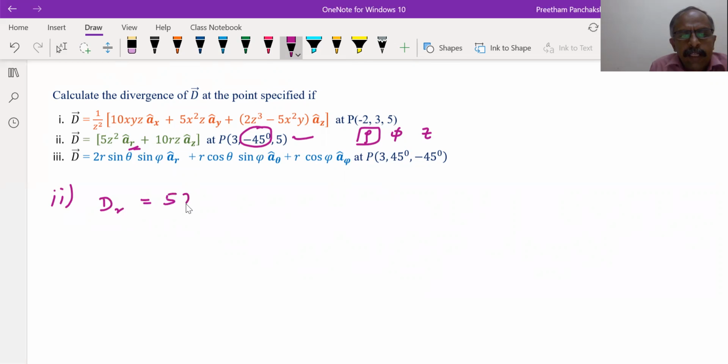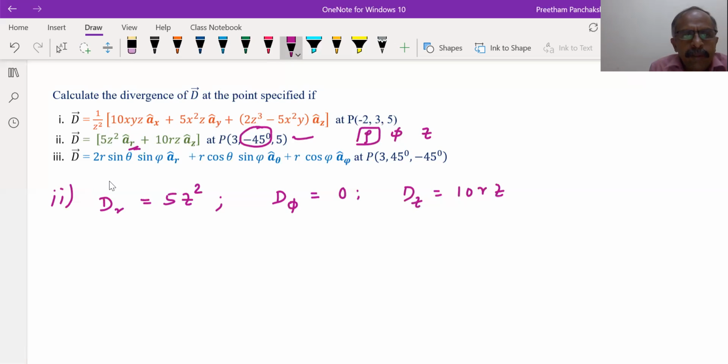First, let me list the components of D. The R component of D is 5z square. There is no phi component, it is 0. The z component is given as 10Rz. So the three components are copied.